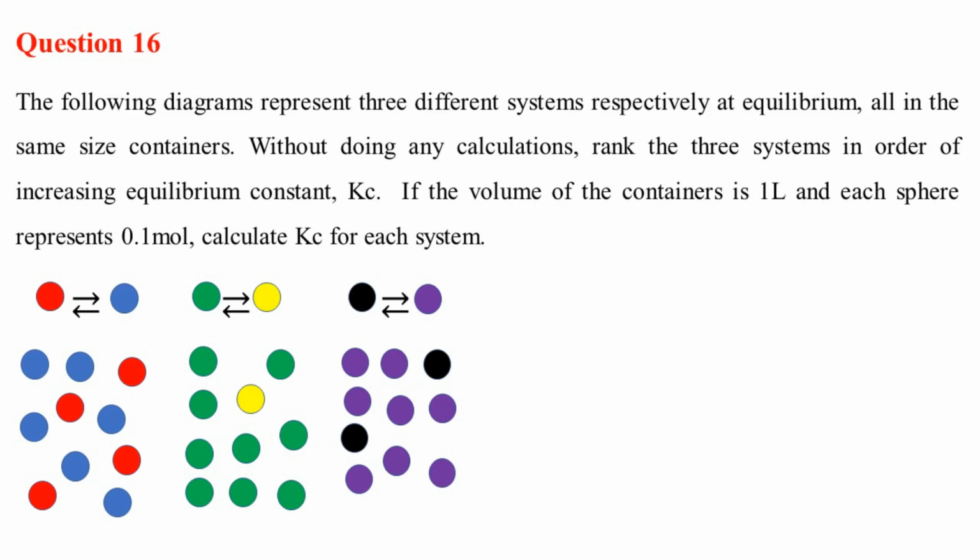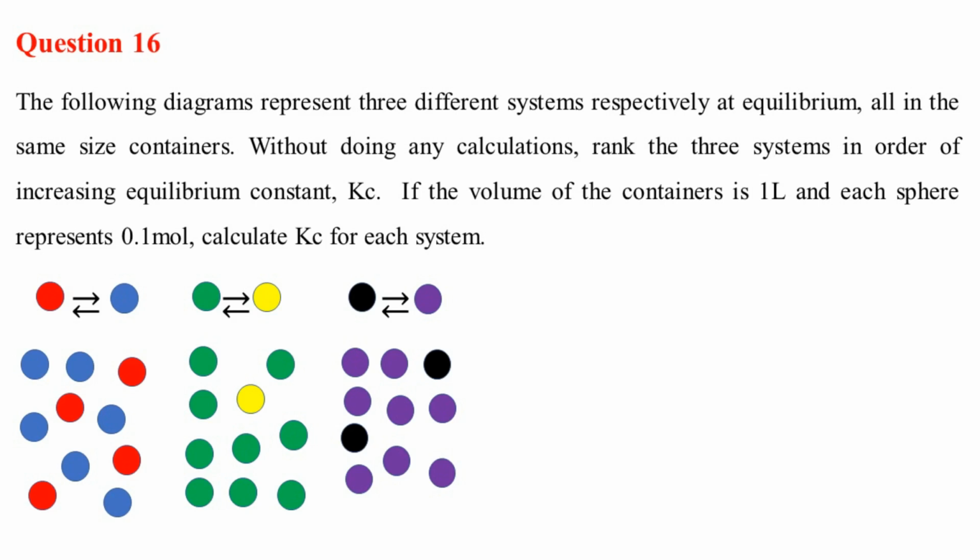Let's see, question 16 is saying the following diagram represents three different systems, respectively at equilibrium, in the same size container. They are asking, without doing any calculation, rank the three systems in order of increasing equilibrium constant Kc. That means the one which has more product has the higher value of Kc.